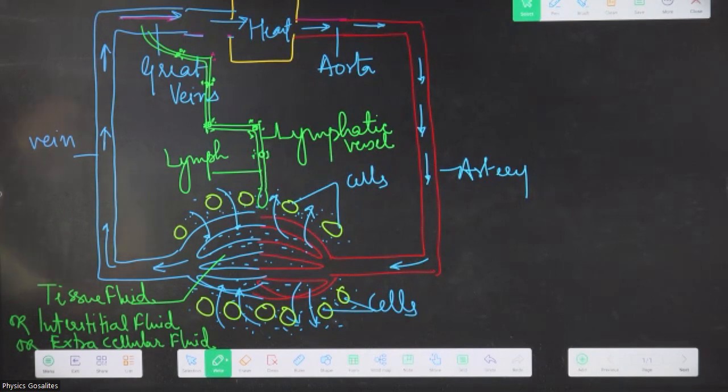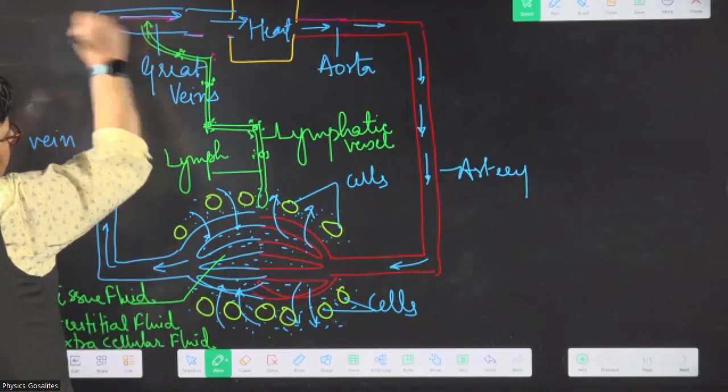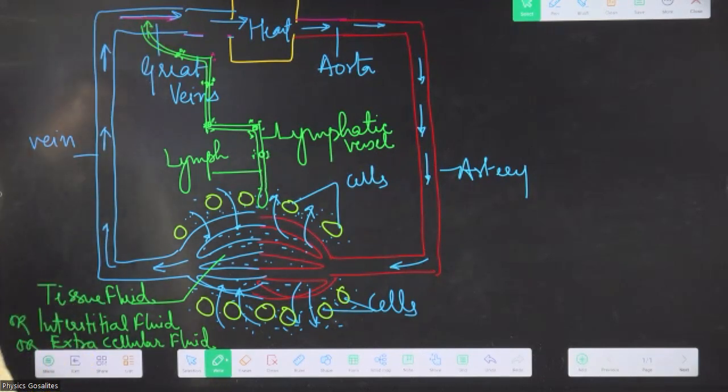Tissue fluid, interstitial fluid, and extracellular fluid all mean the same. And when that leftover comes into the lymph vessel, we start calling that fluid lymph. And ultimately, the lymph also returns back into the blood vessels, into the veins.